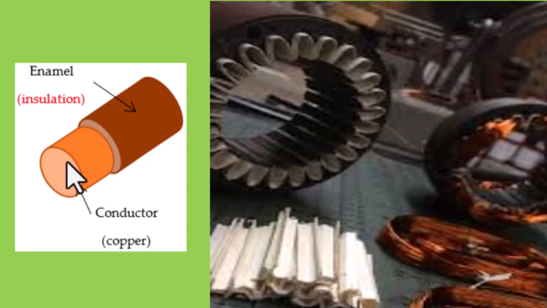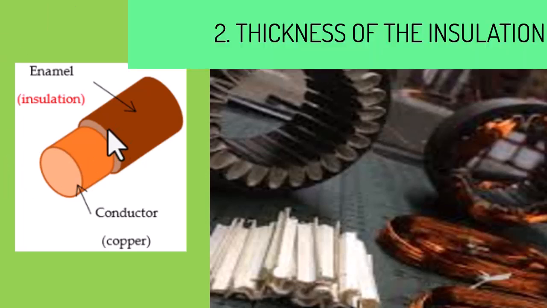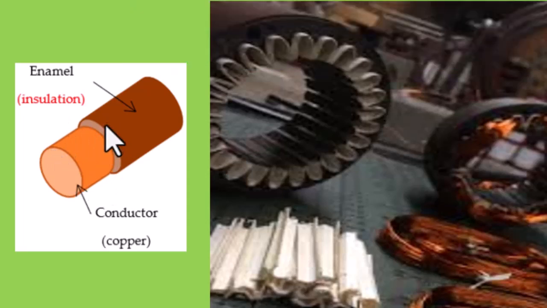insulated copper wire. Then the second is the thickness of this insulation, or the enamel, on the conductor. That thickness actually determines the breakdown voltage of that particular insulated copper wire.